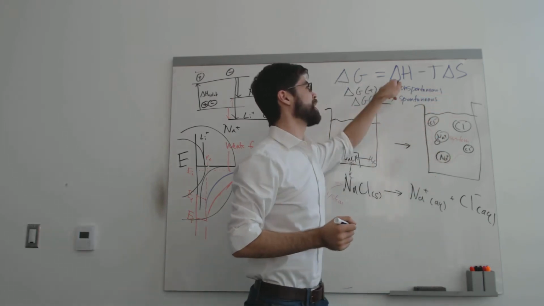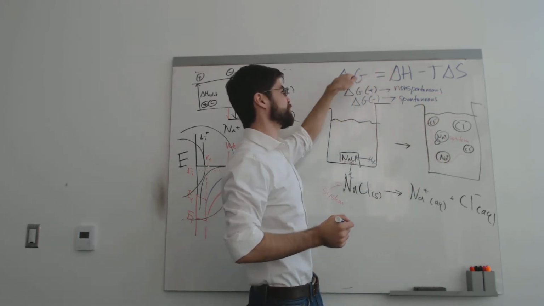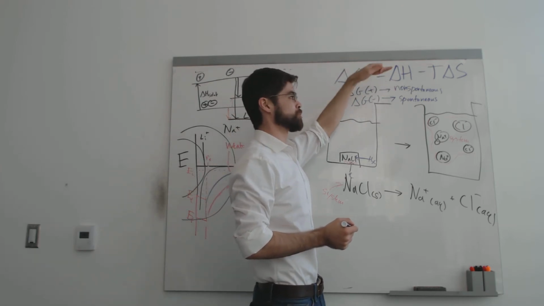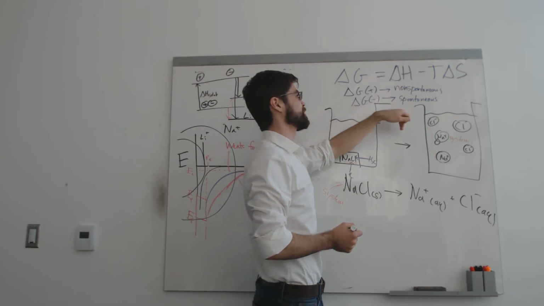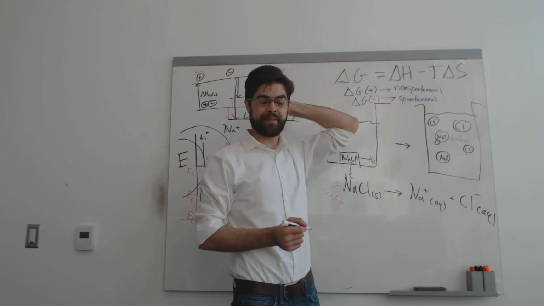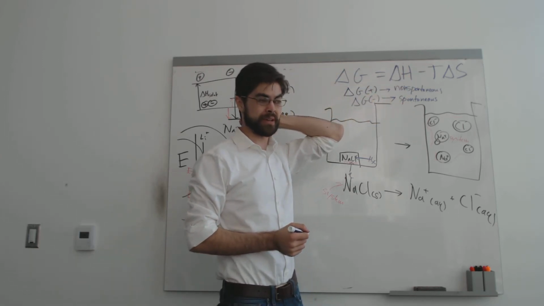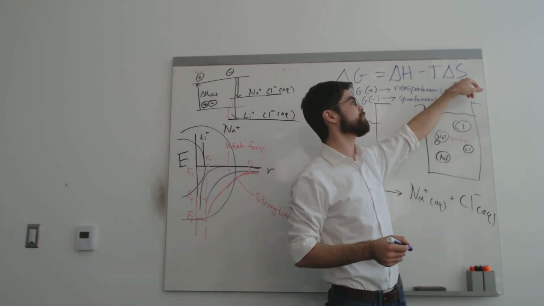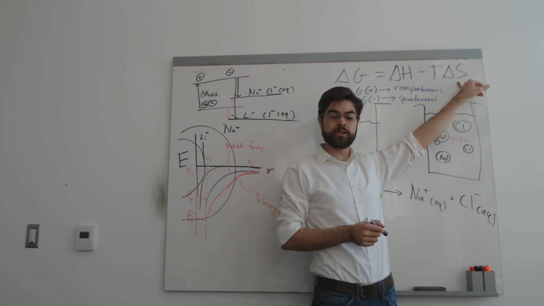So generally, if you have a positive delta H, you're very likely to also have a positive delta G, and that will be non-spontaneous. If you have a negative delta H, you're also likely to have a negative delta G, and that will be spontaneous. But you can't say with 100% certainty because you need to factor in changes in entropy.